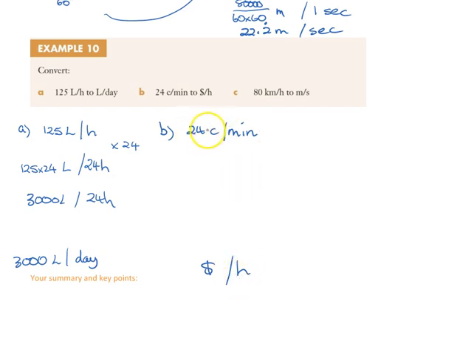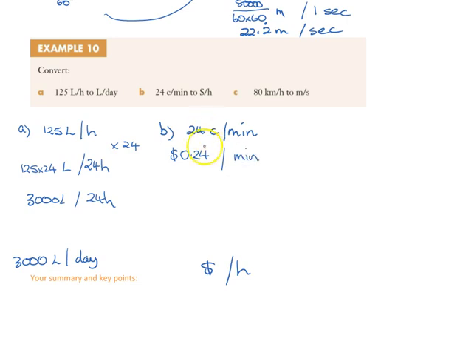Now, always in this case, consider converting your first quantity into the appropriate unit first, because we've always got to get this one down to 1, and that can be more messy.